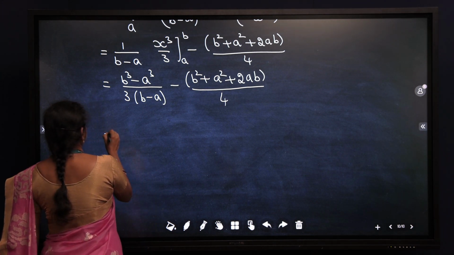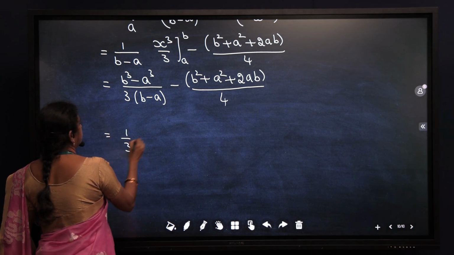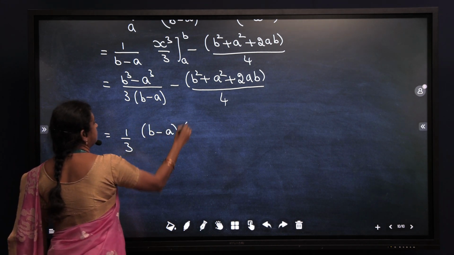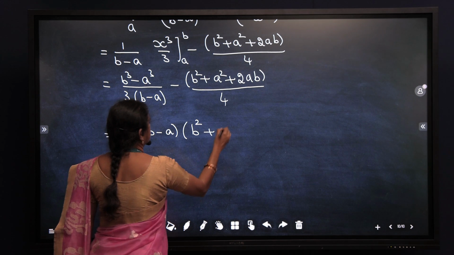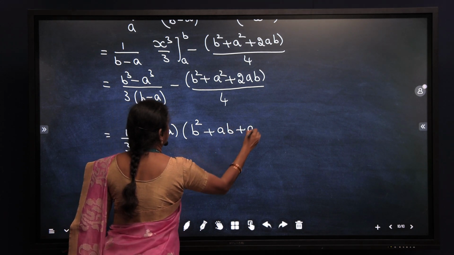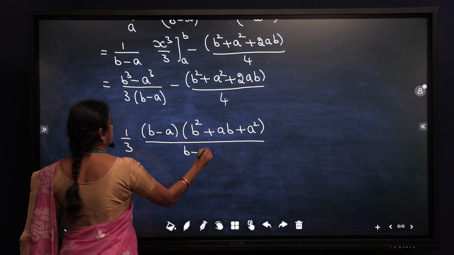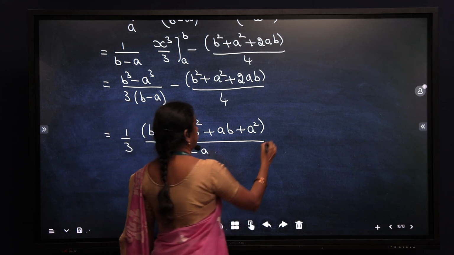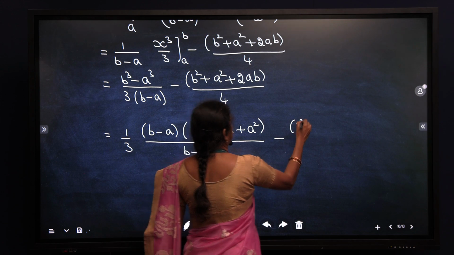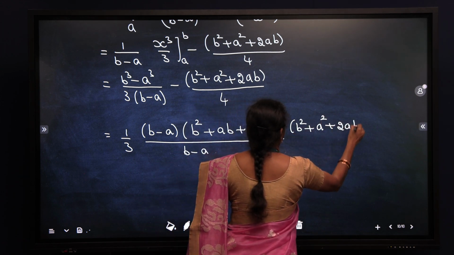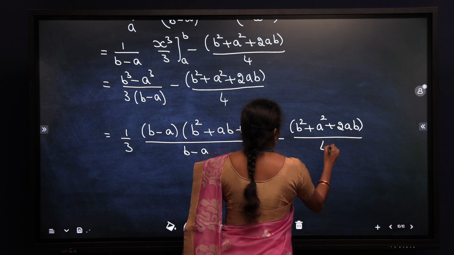So this is equal to 1 by 3 of, here b cube minus a cube can be written as b minus a into b square plus ab plus a square, by b minus a, minus b square plus a square plus 2ab by 4.